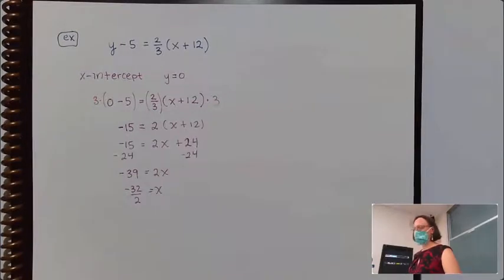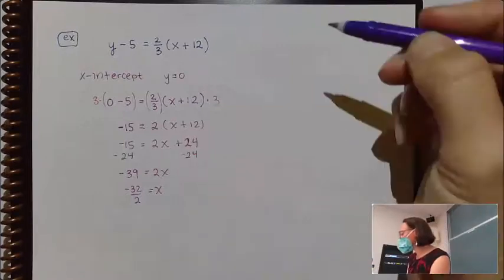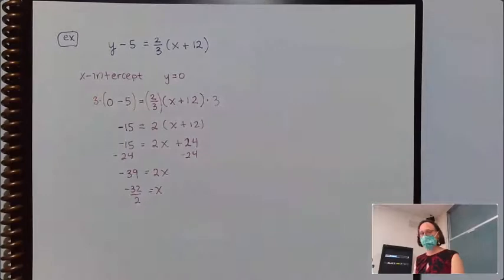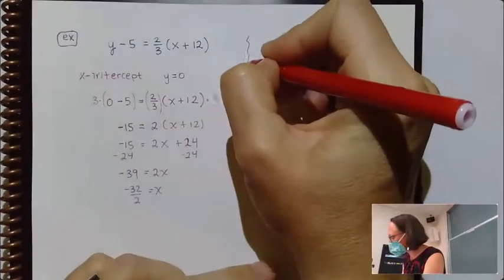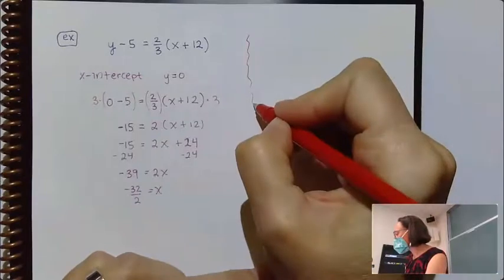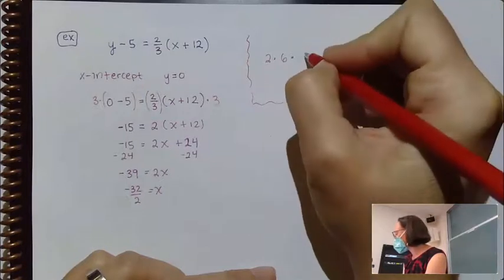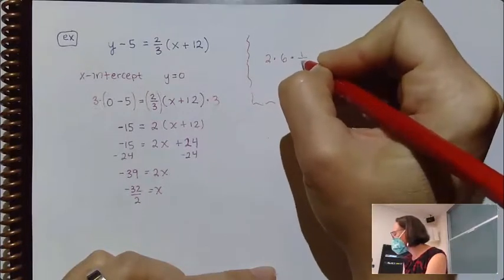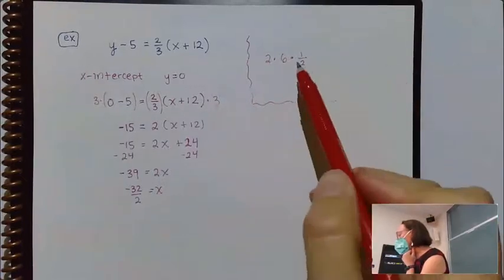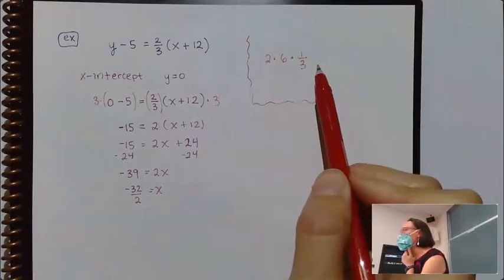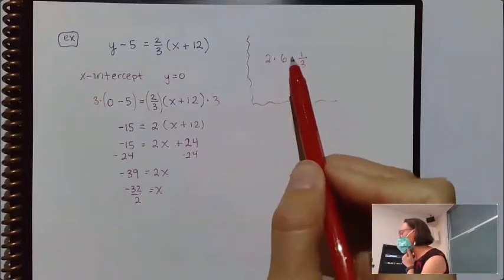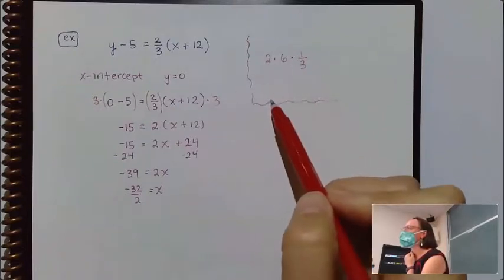I'm pausing there just in case there are questions or if I've made mistakes. So you're multiplying, right? You're distributing for all of them. Yeah, so let's take a little side note here, because if I were multiplying 3 numbers together, like if I had 2 times 6 times 1/3, I don't multiply the 1/3 times the 2 and get 2/3, and then multiply the 1/3 times the 6 and get 2, right?